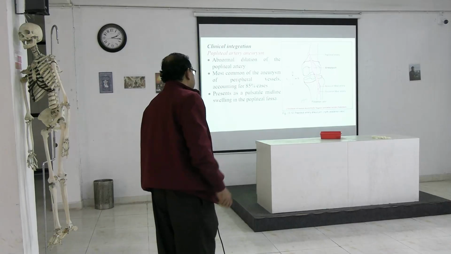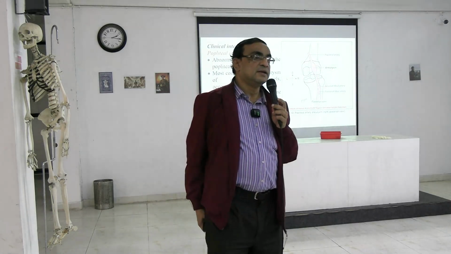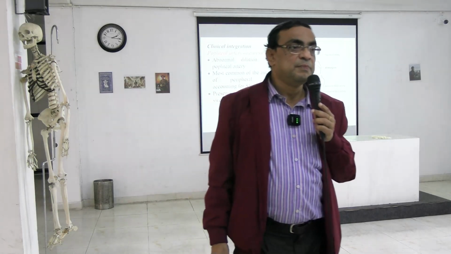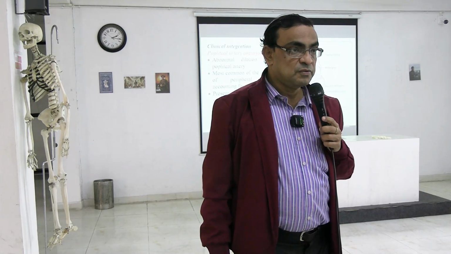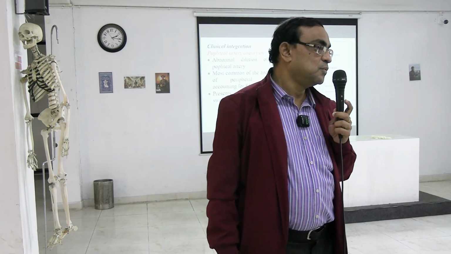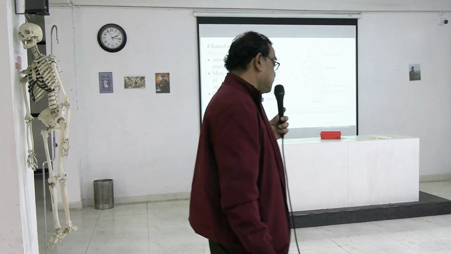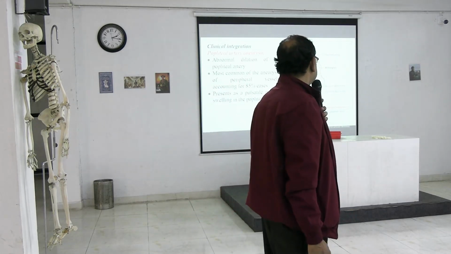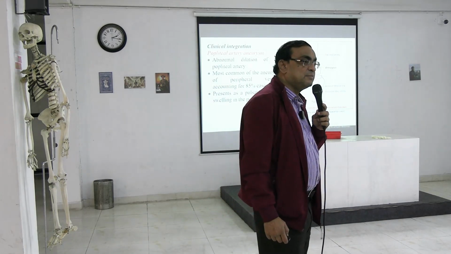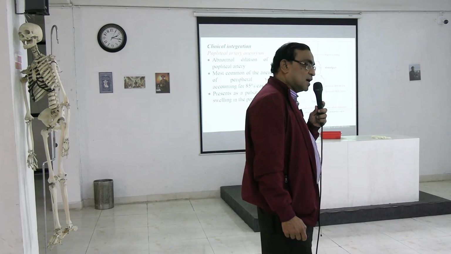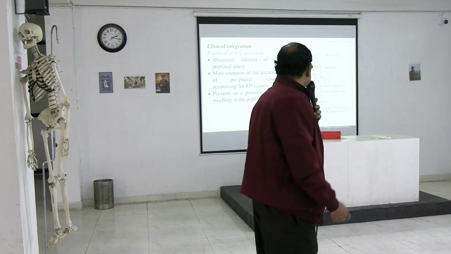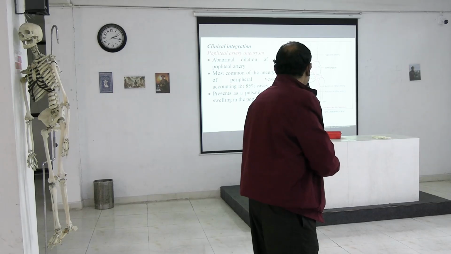So that is the most important clinical anatomy, that is a popliteal artery aneurysm. Okay. So you know, Sir Hunter invented one technique. He was a surgeon. Actually, what is popliteal artery?